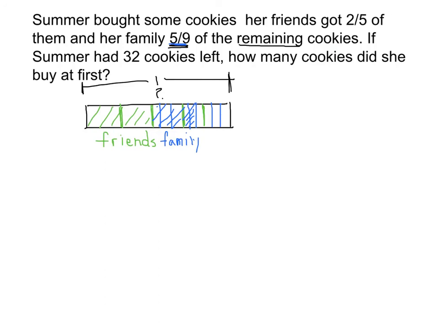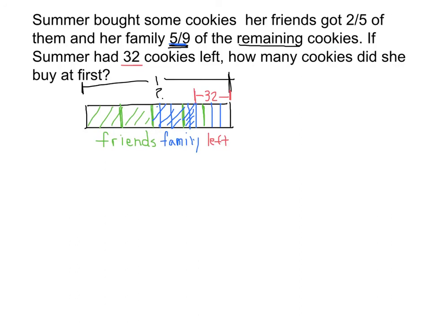All right, then the story tells us that she had 32 cookies left. So these 4 parts that were left, this is what's left, represent 32 cookies.